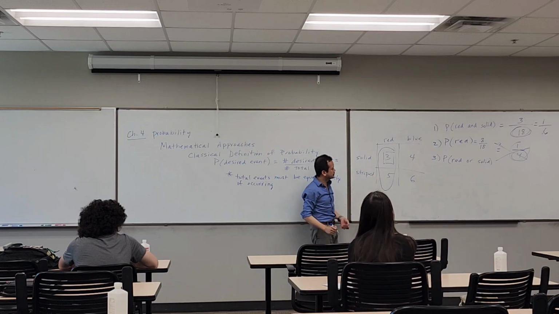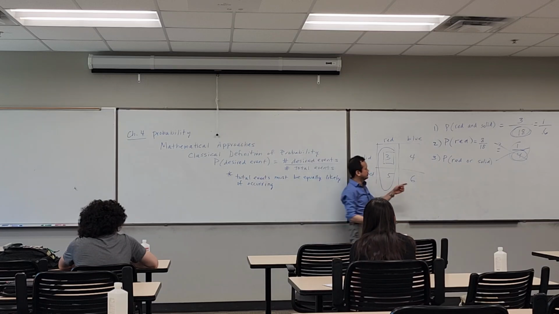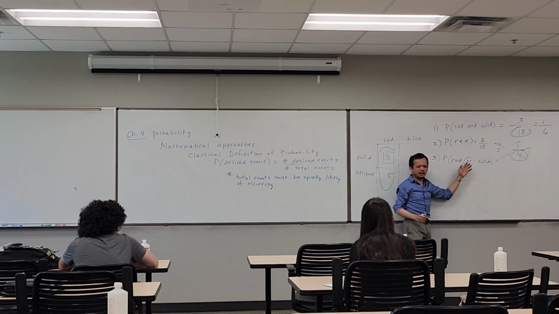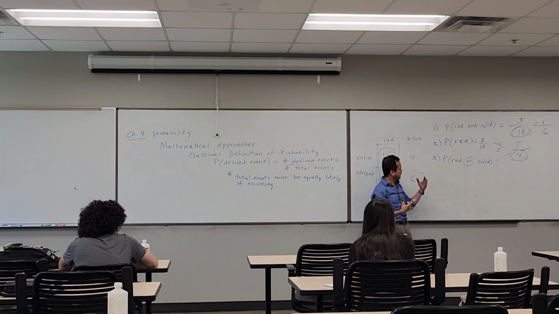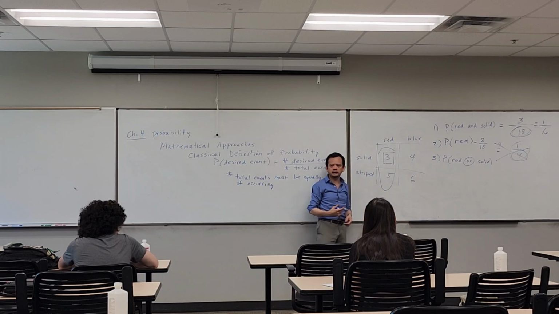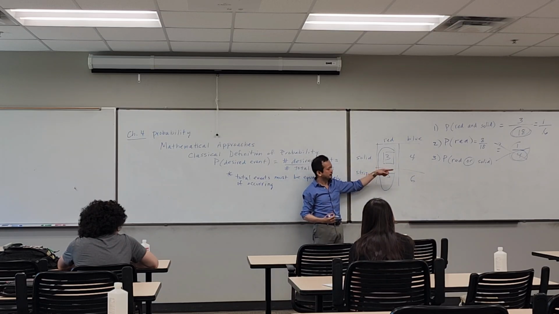So how many would match that description? Notice that these two events are separated by or, and what that means is as long as a marble is either red or solid, we want it counted. It doesn't have to be both red and solid. So how many are there that are either red or solid?